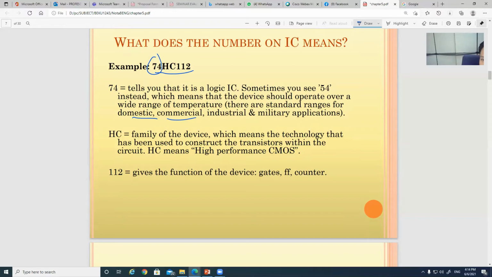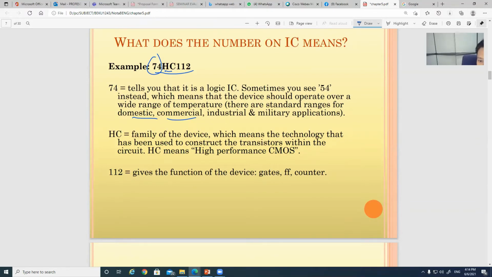Then HC is the family of the device, which means the technology used to construct the transistors within the circuit. HC means high performance CMOS.